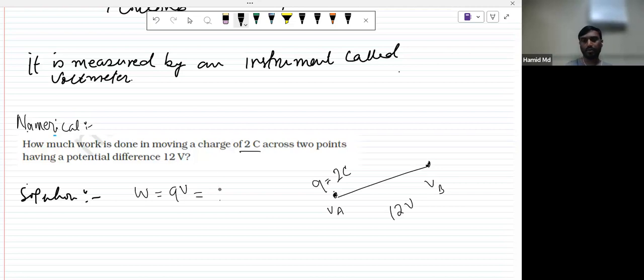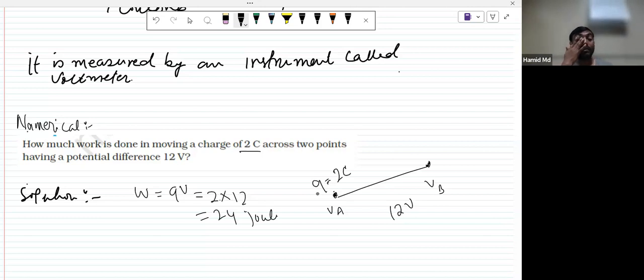Q is 2 and this is 12, so it will be 24. The unit of work done is joules, right? So is it clear? Yes, sir. All concepts are clear?